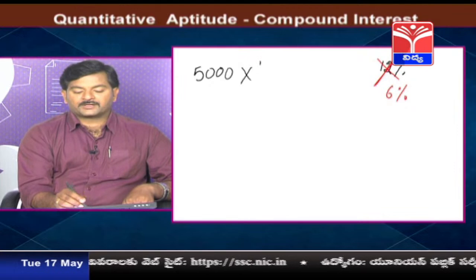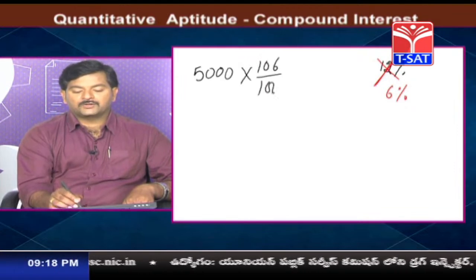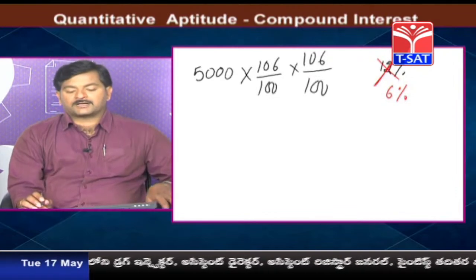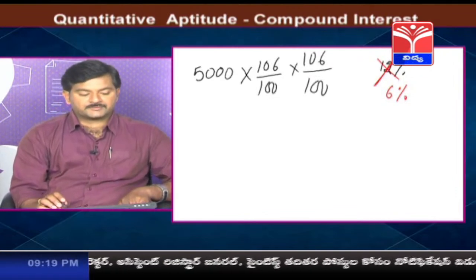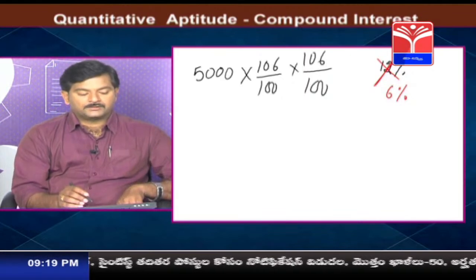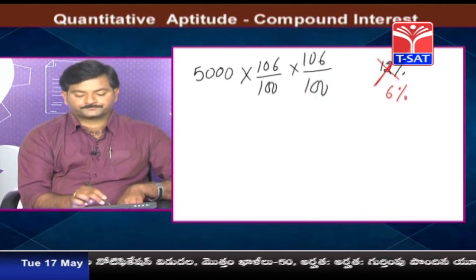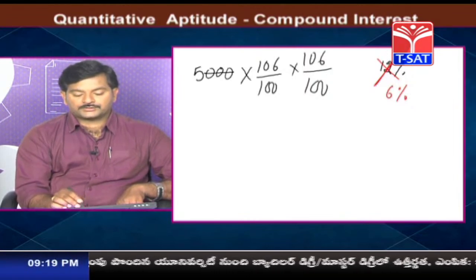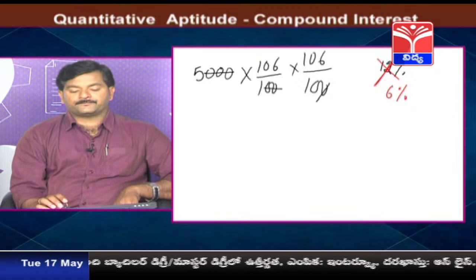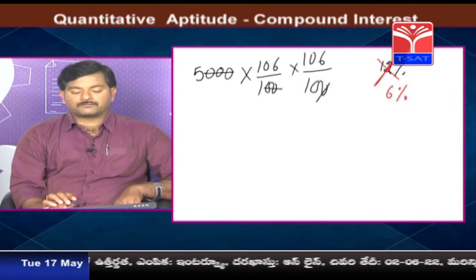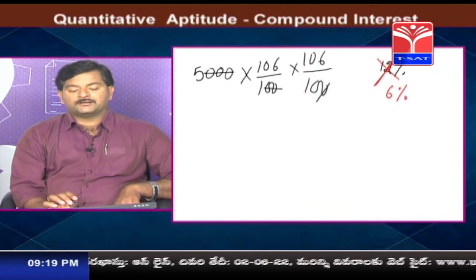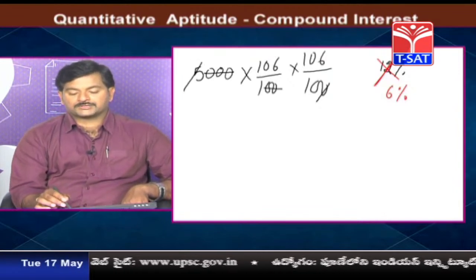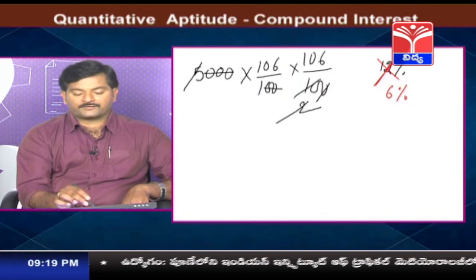In that year, how many times does he have to pay the interest? 2 times. So 5,000 into 106 by 100 into 106 by 100. Okay, so simplification. For this, the 3 zeros, these 2 zeros and 1 zero are cancelled. 106 into 106 into 5, dividing, 5 ones are 5, 5 twos are 2, 1 ones are 2, 5 fives, 2 threes.